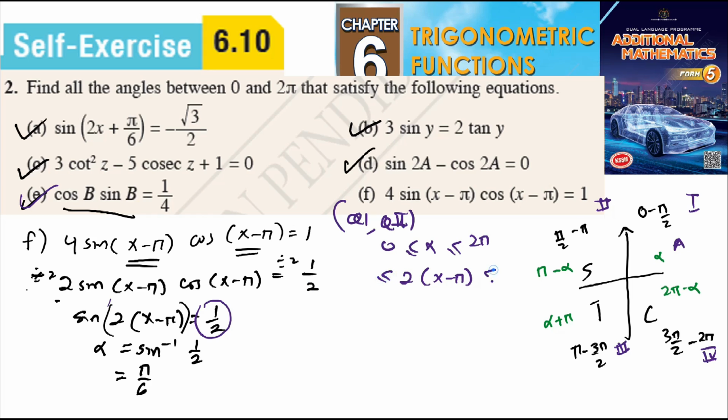When x is 0, 0 minus pi, you get negative pi, right? So negative pi times 2, you get negative 2 pi. Okay, when x is 2 pi, 2 pi minus pi, you get pi. Pi times 2, you get 2 pi.